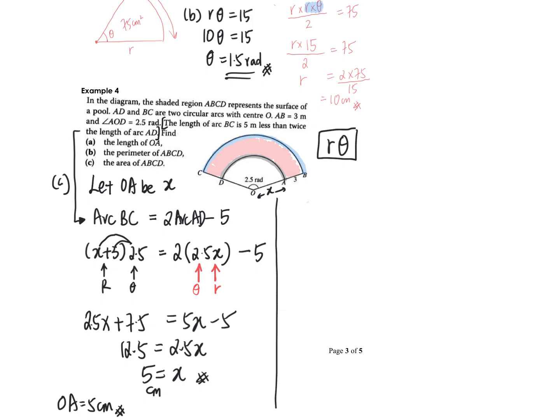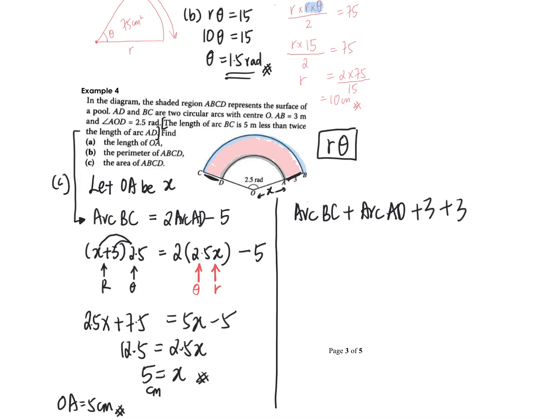Next is the perimeter of the pool. That red zone, there's a big arc. So arc BC plus arc AD plus those 2 tiny lengths there, which are 3 and 3. Remember, you are walking along the pool. So arc BC, CD, arc AD and AB.